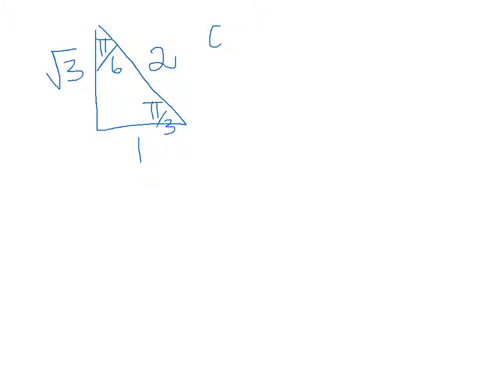Okay, so if we're working out negative cos pi on 3, cos is adjacent over hypotenuse. So this is our reference angle. So we've got adjacent, which is 1, and the hypotenuse is 2.